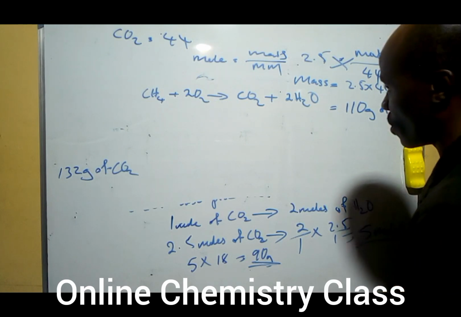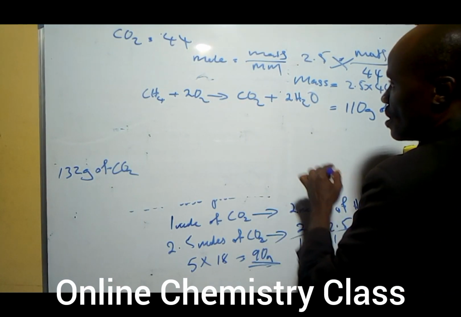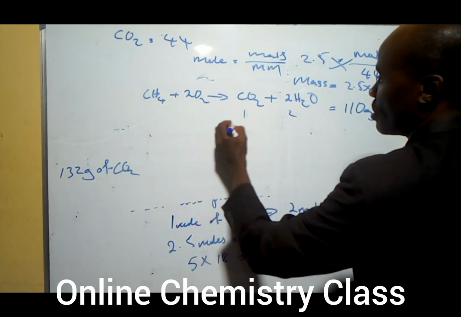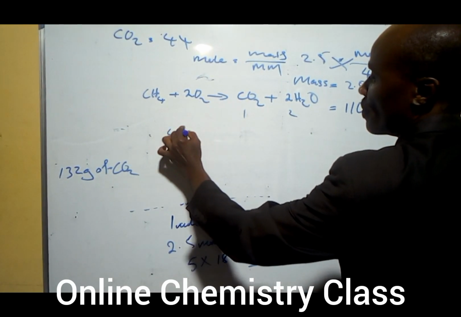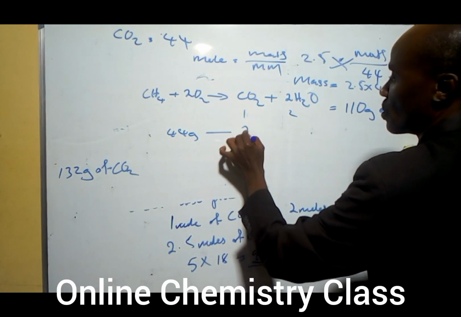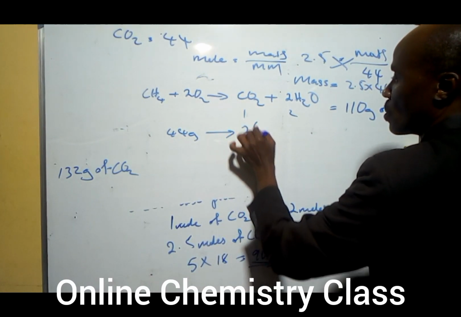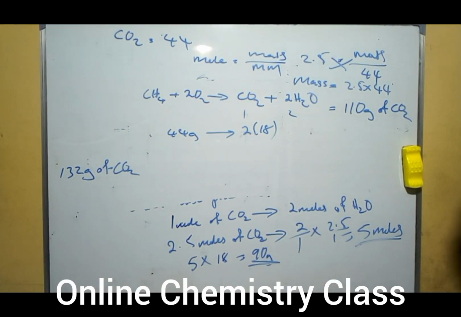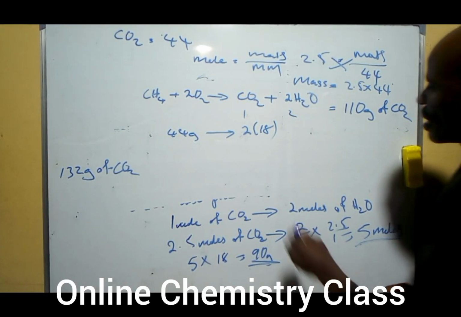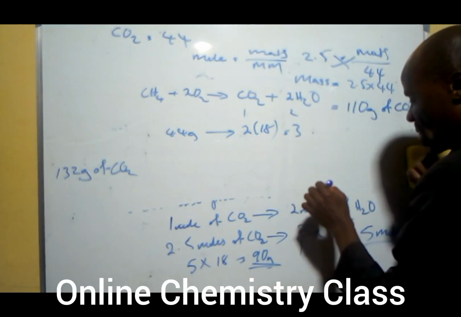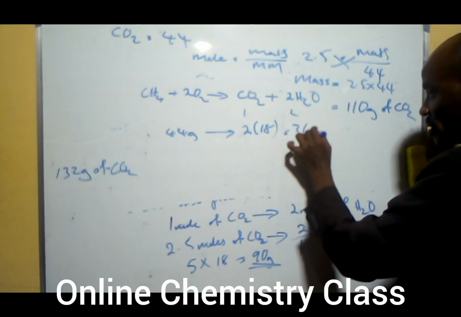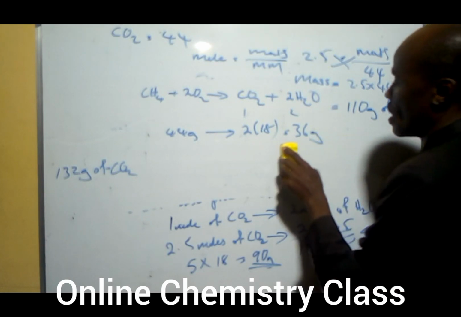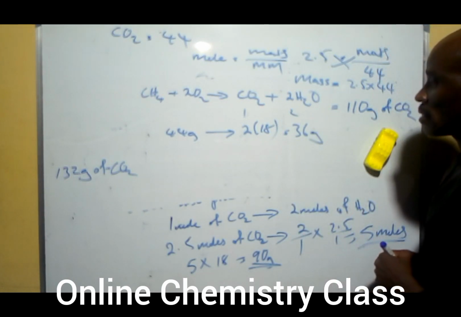From this chemical equation we know that 1 and 2, which means 44 grams will give us 2 times 18. 2 times 18, that will give us 36 grams. 36 grams of what? Water.